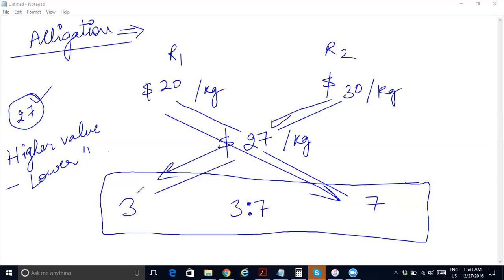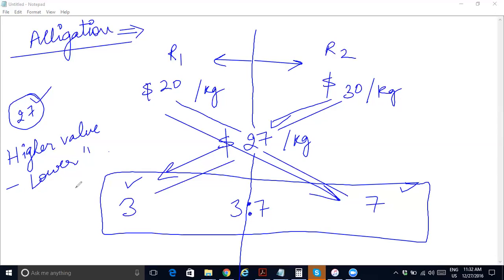For every 3 parts of R1, we have to mix 7 of R2. If we draw a vertical line like this, anything on the left of the vertical line belongs completely to R1, and anything on the right of this line belongs completely to R2.